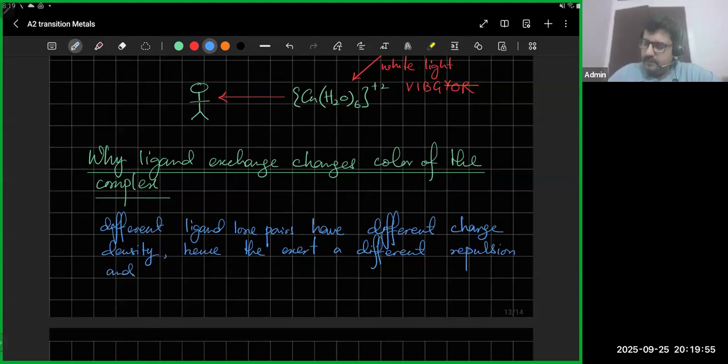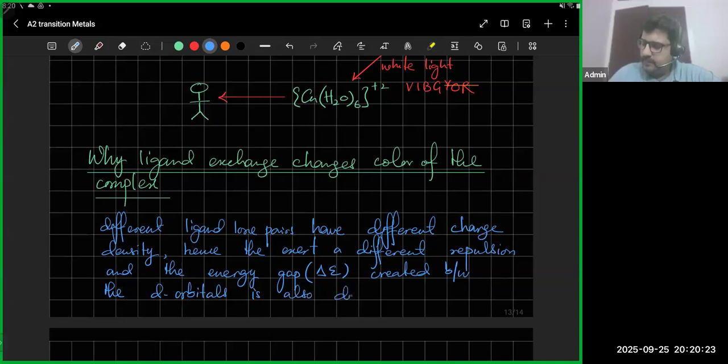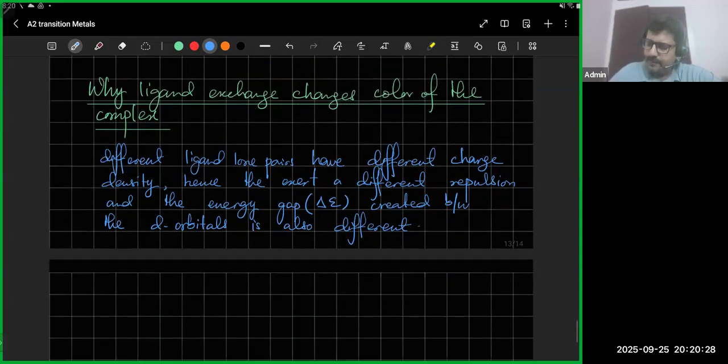And the energy gap delta E, which is created between the d orbitals, is also different. And the rest is the same.